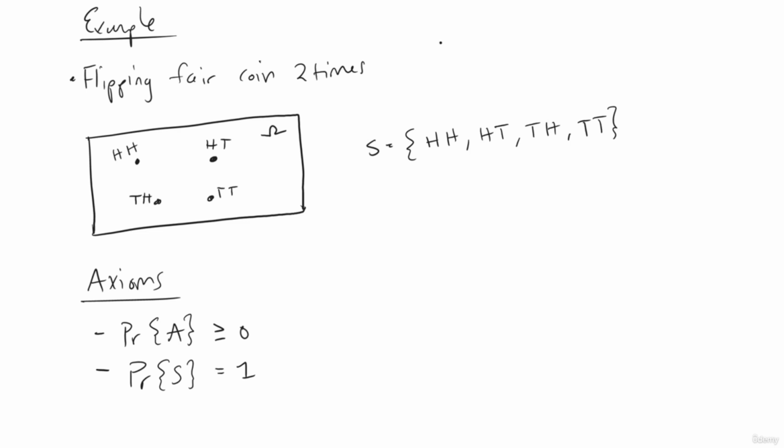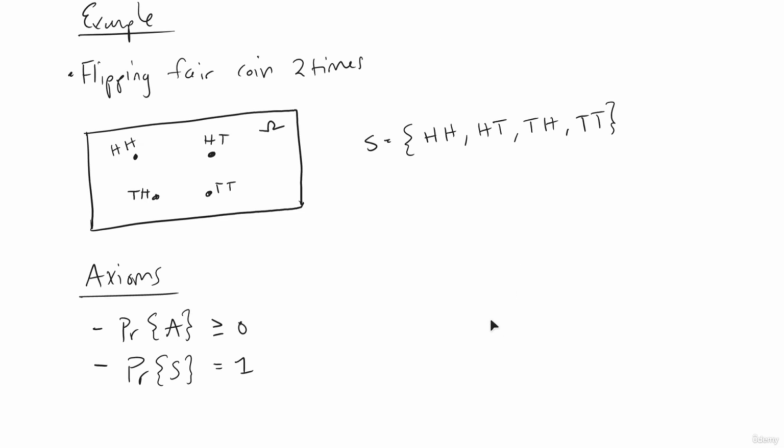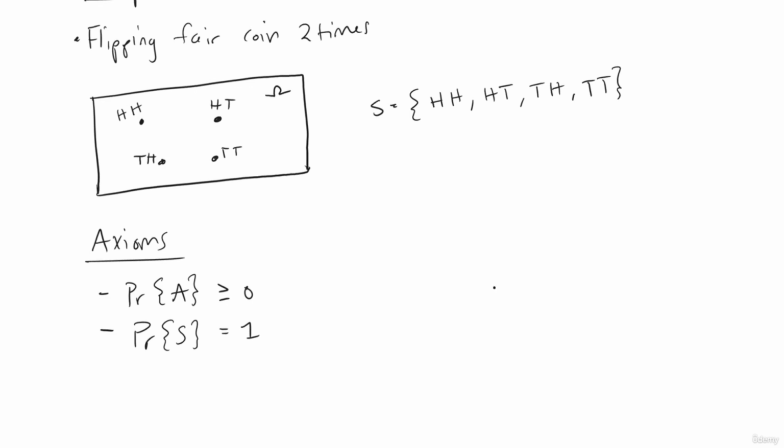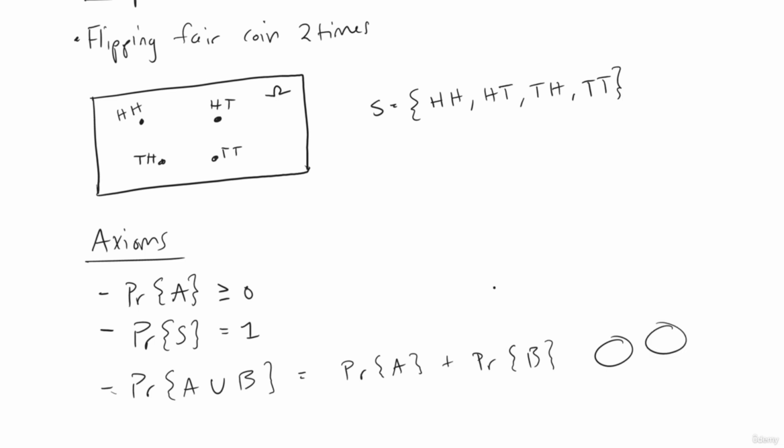And you're probably used to that. But also, the probability of the union of 2 events is going to be equal to the probability of the first one plus the probability of the second one, only if they are non-overlapping or mutually exclusive.